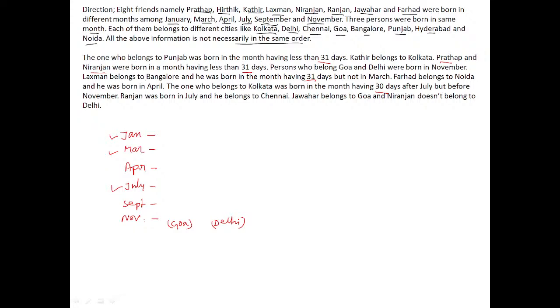Now Laxman belongs to Bangalore and he was born in a month having 31 days but not in March. So Laxman goes either in January or in July. Let's leave it here.